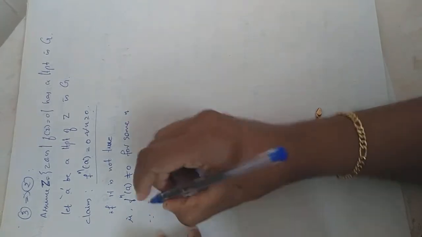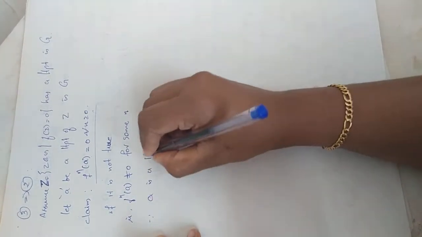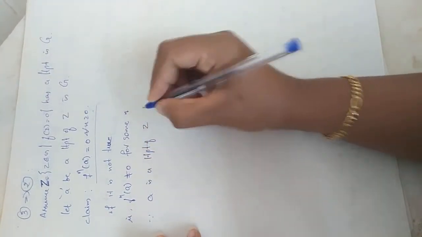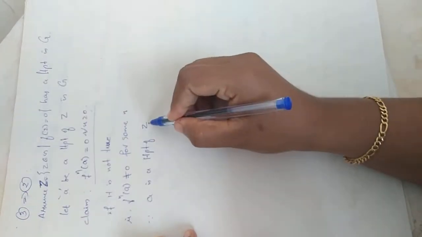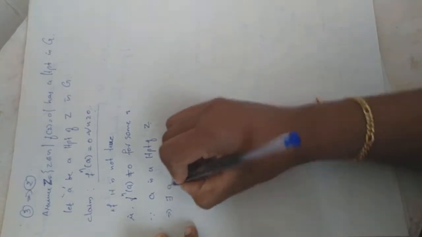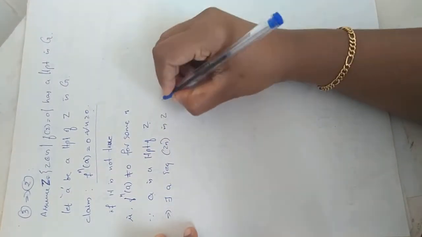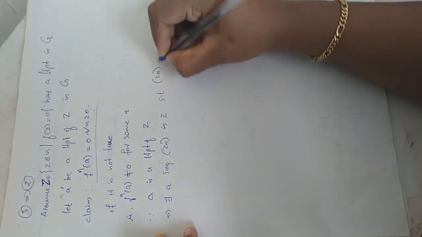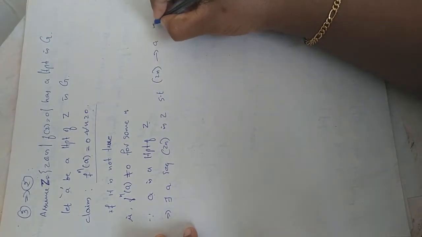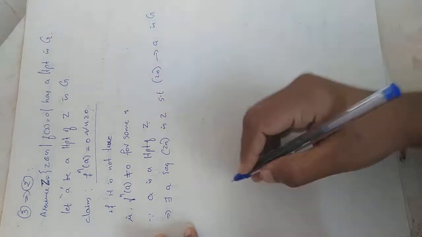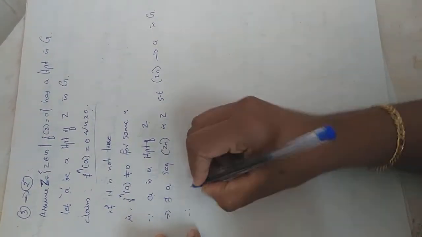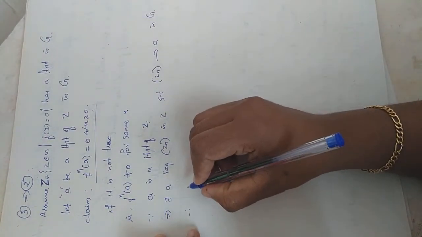Now, since A is a limit point of Z, I can consider a sequence in Z which converges to A. This implies there exists a sequence Zn in Z such that Zn converges to A in G, because A is an element in G, right? Therefore, we know that function f is analytic, right?